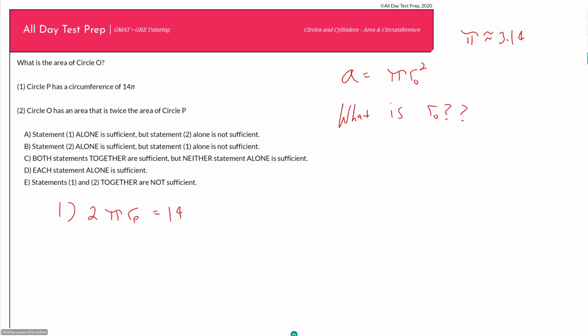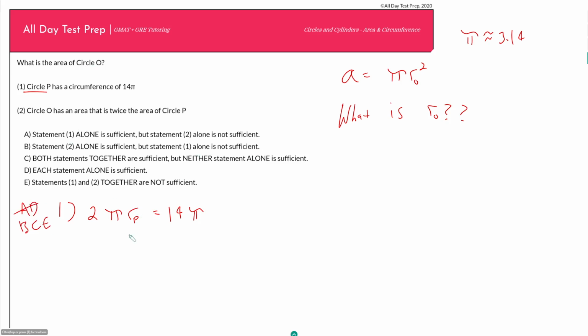So I can see right off the bat that this is going to be insufficient because I had never even heard of this circle P until now. Although circle P does sound like a cool name for a band, it is completely irrelevant to circle O. So this will be insufficient.